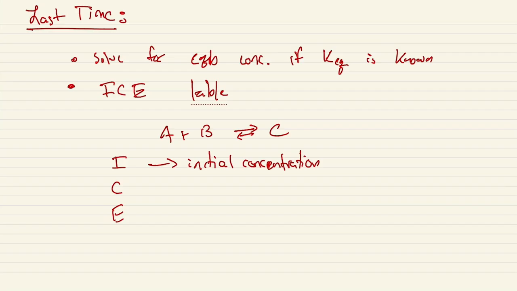C stands for the change in concentration. And then E was the topic of the chapter, the next two chapters, equilibrium. These are going to be our equilibrium concentrations. Right, so we set this up, and that allows us to get an expression for our equilibrium concentrations if KEQ is known, for example.